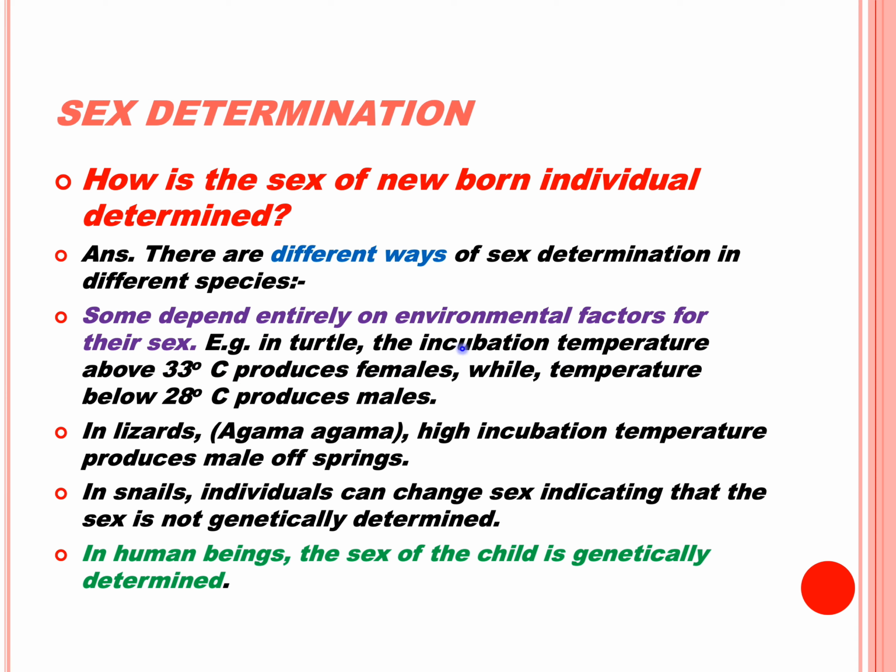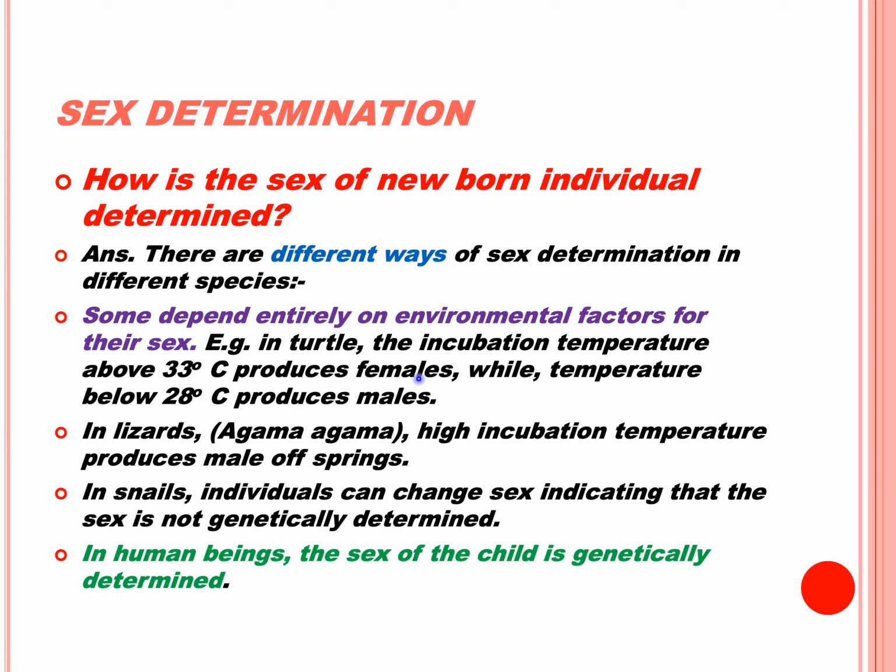Means if the temperature of their incubation rises above 33 degrees Celsius, then these organisms produce female offsprings. And if the temperature of their incubation goes below 28 degrees Celsius, they produce male offsprings.